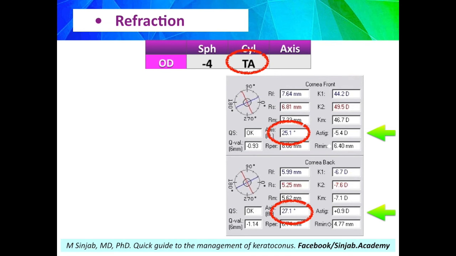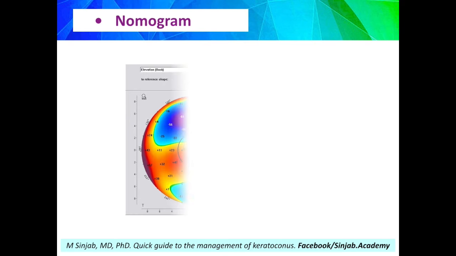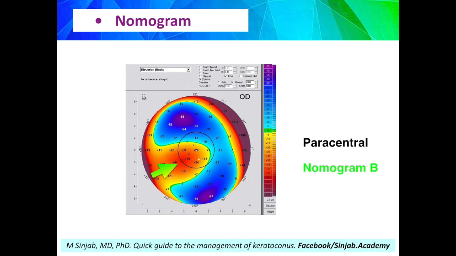The topographical astigmatism is calculated as an algebraic sum, paying attention to the axis of the 2 surfaces, and in this case, the topographic astigmatism is almost -5 diopters. The mesopic pupil is smaller than 5 mm. And to know which nomogram, we look again at the posterior elevation map in best fit sphere mode.